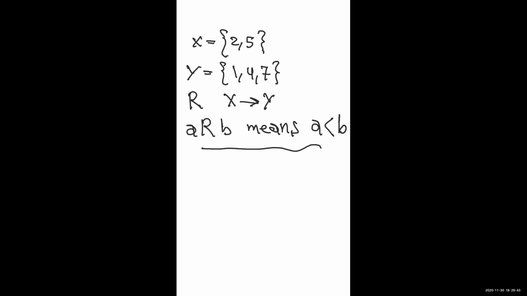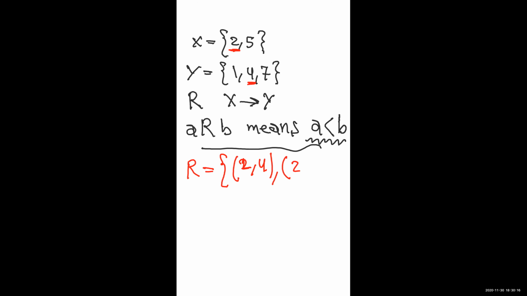Now, it's mentioned in the question that a relation b means a less than b. So the relation will equal the set of pairs where a is less than b. Is 2 less than 1? No, of course not. 2 is less than 4, yes, so 2 and 4, and then 2 and 7, of course 2 is less than 7.